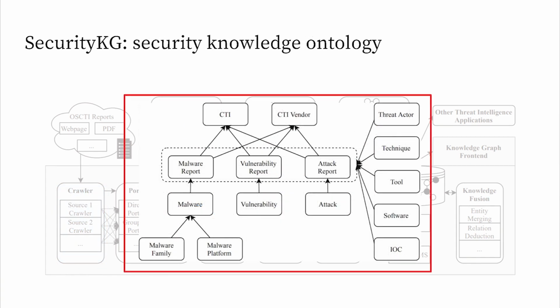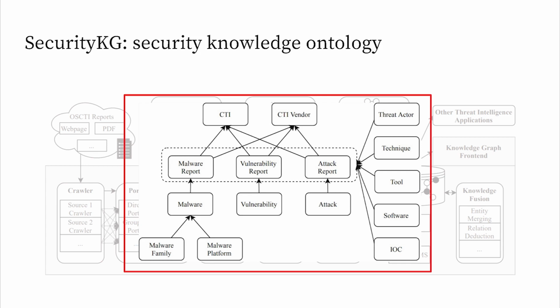The security knowledge ontology specifies the types of security-related entities and relations in the security knowledge graph. Based on our observation of OSCTI data sources, we categorize OSCTI reports into three major types: malware reports, vulnerability reports, and attack reports.